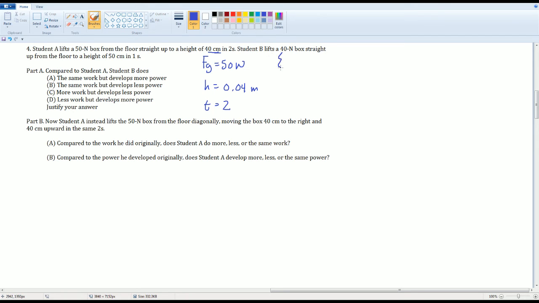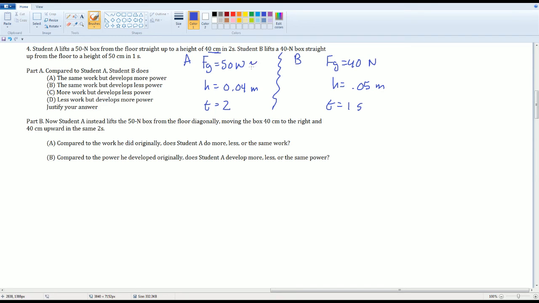Student B lifts a 40 Newton box. So the force of gravity is equal to 40 newtons here. Do not put mass, it's newtons, force of gravity. It goes up to a height of 0.5 meters, and the time is equal to 1 second. I'm just going to put this into mass.